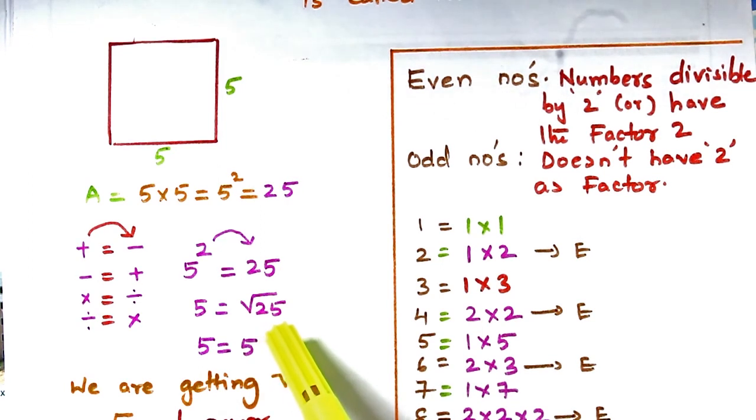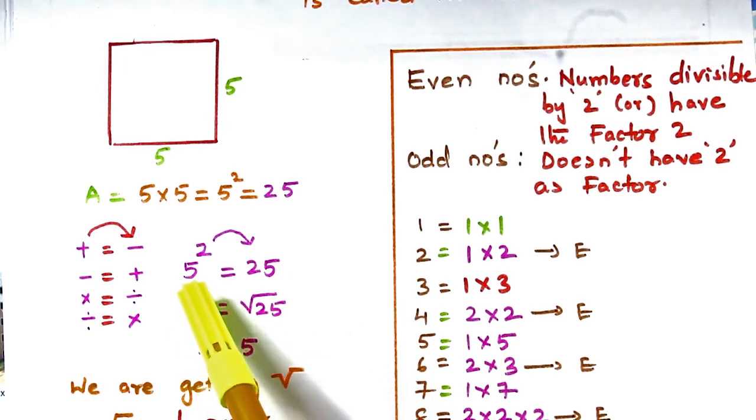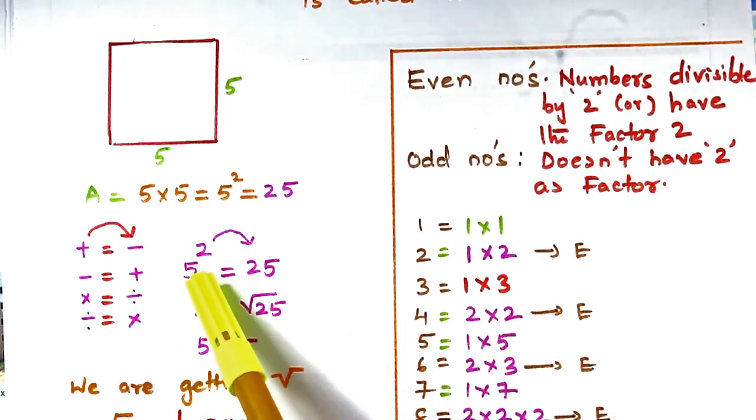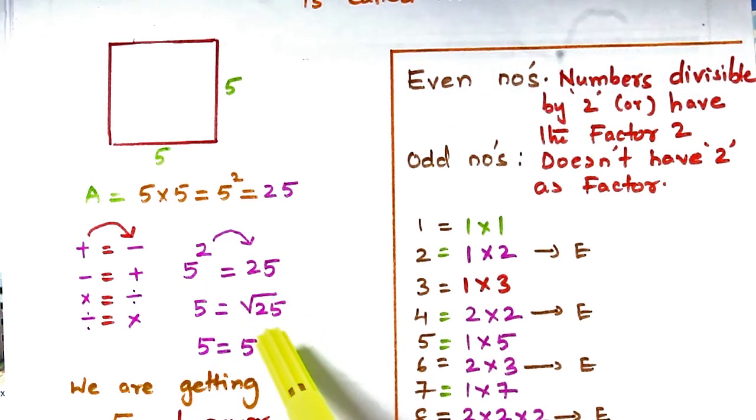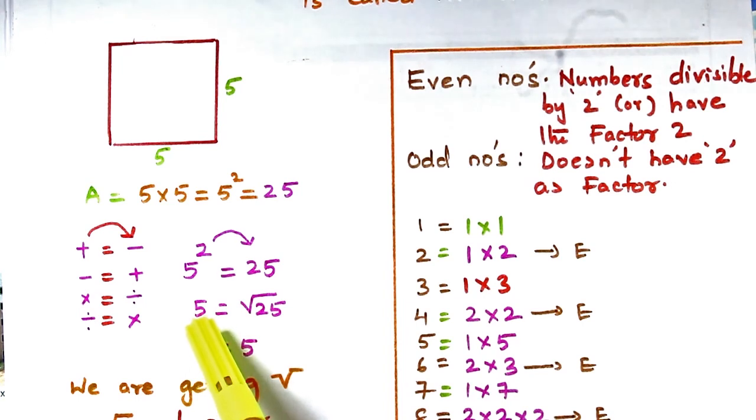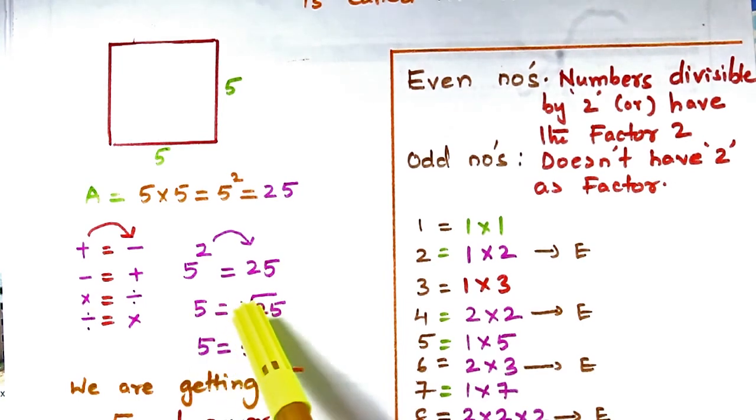It is a perfect square number. Perfect square means this number is multiplied 2 times, and we are considering it as a perfect square. So root 25 is a perfect square root number.